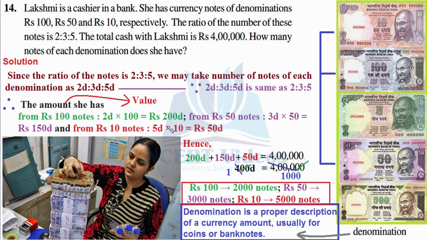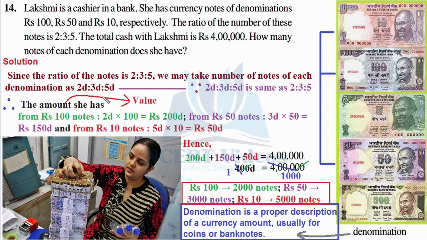When we multiply it with 10 we get rupees 50D, because 10 into 5 is 50 into D. And now we are in a position where we can add these values and equate them to 4 lakh rupees. Hence 200D plus 150D plus 50D equals 4 lakh.